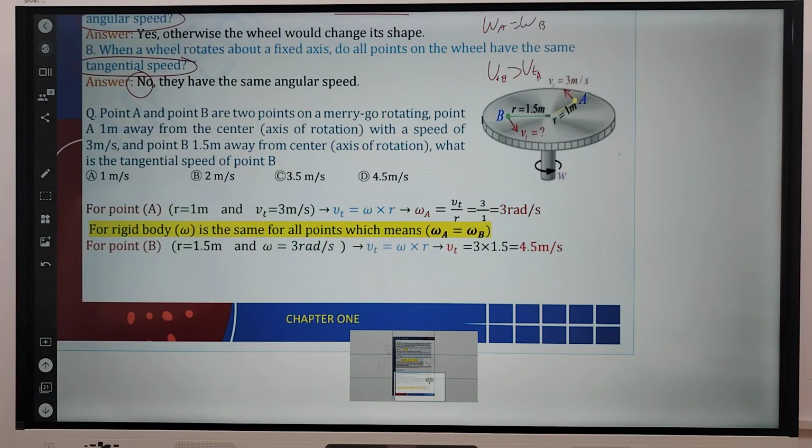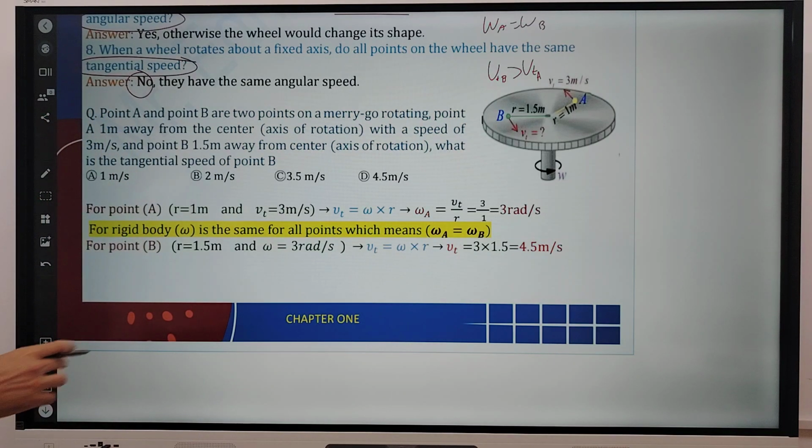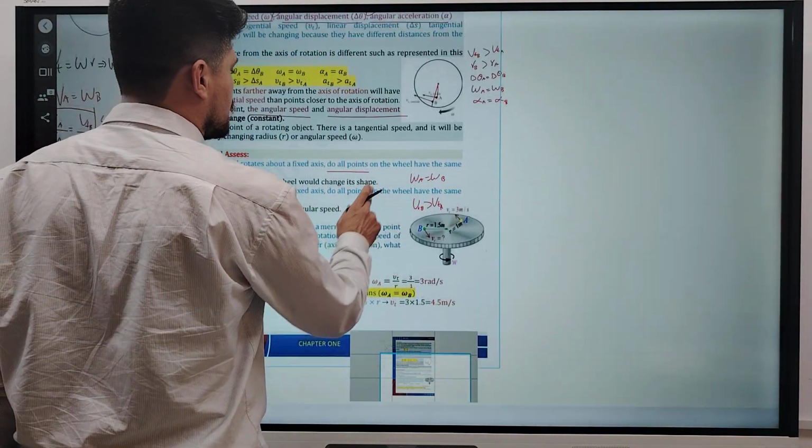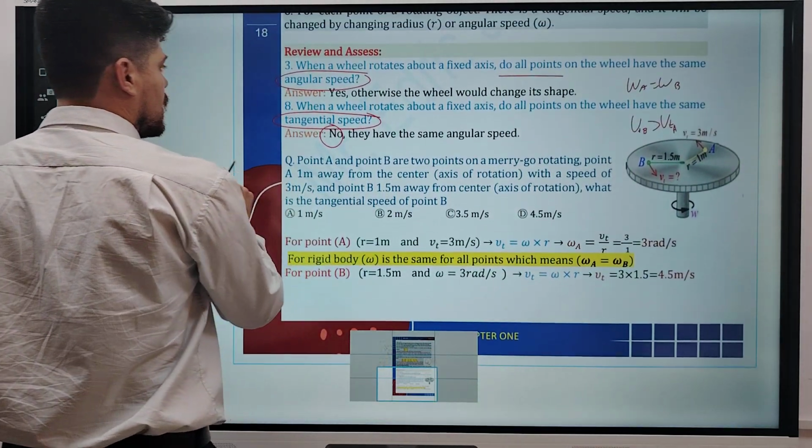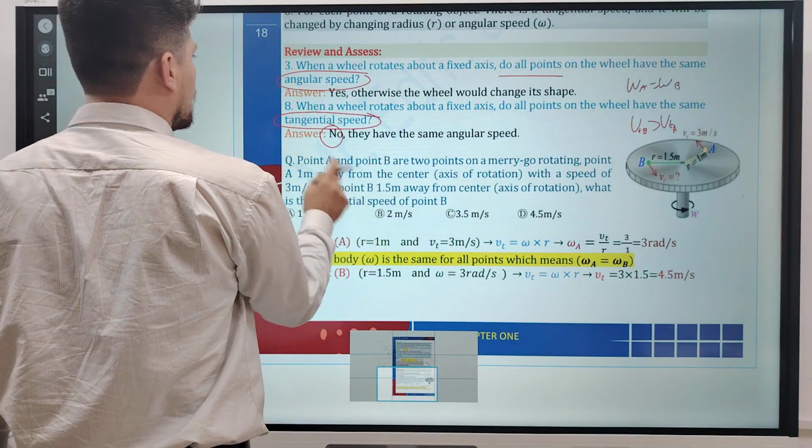We have this question, a very good question, be careful. Point A and point B are 2 points on a merry-go-round rotating.